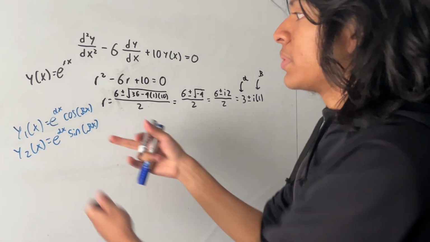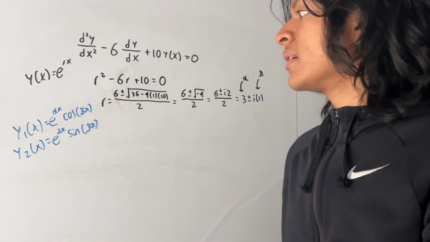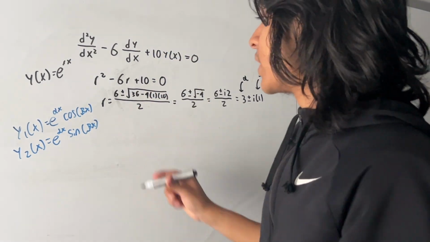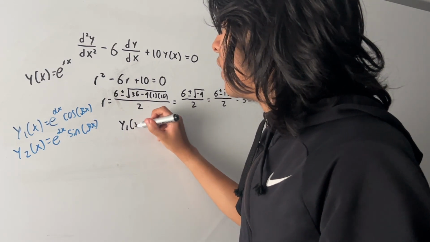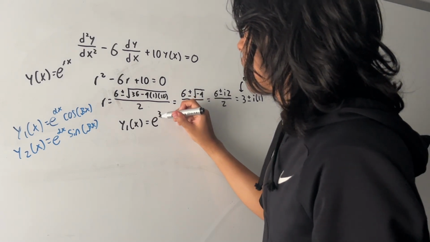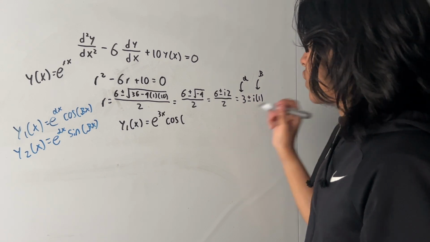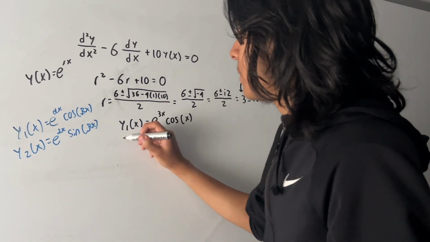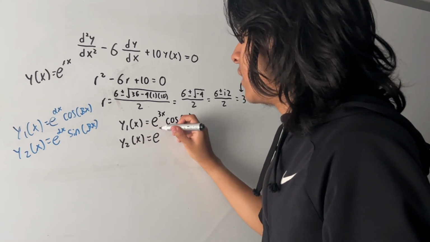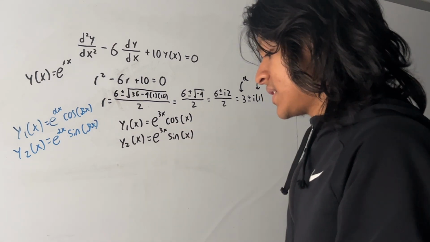So now we just plug these into our two solutions, and we've pretty much solved this differential equation. When we plug that in, we get y1 of x equal to e to the 3x, since our alpha is 3, then cosine of x, since our beta is 1. Then y2 of x is equal to e to the 3x sine of x.